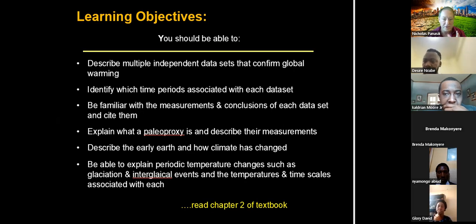It's really important to read chapter 2 of the textbook. There is a link that I've sent out with information on the textbook. If you haven't gotten it yet, I really strongly suggest that you do. I believe it was Naya Mungo, somebody in here had a PDF and knew how to go about properly getting the textbook.